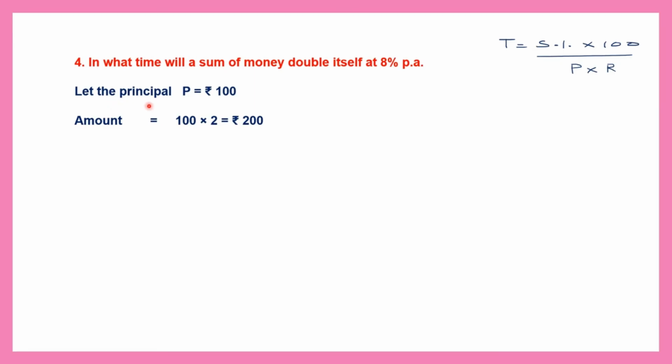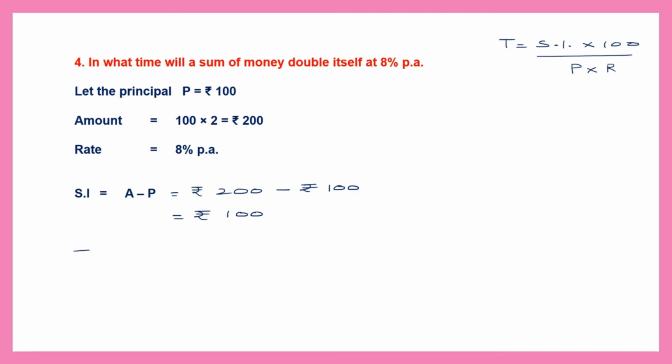So we have the principal to be 100 rupees, the amount is 200 rupees, and the rate of interest is given to us as 8% per annum. Now we're going to find the simple interest by saying simple interest is equal to amount minus the principal. Amount here, we have to consider it to be 200 minus the principal, which is 100 rupees. So 200 minus 100 is 100. So simple interest is 100 rupees.